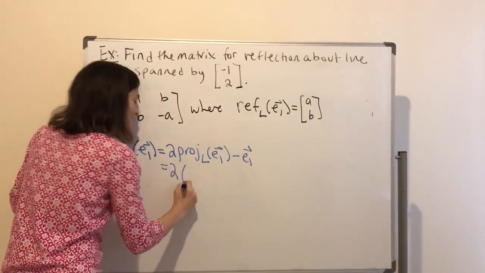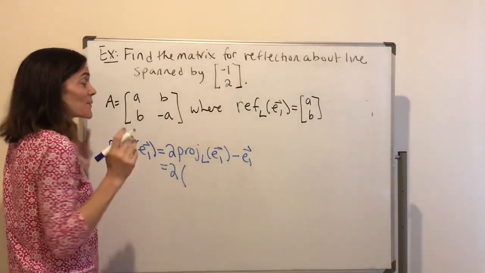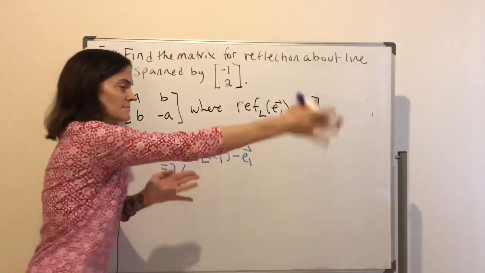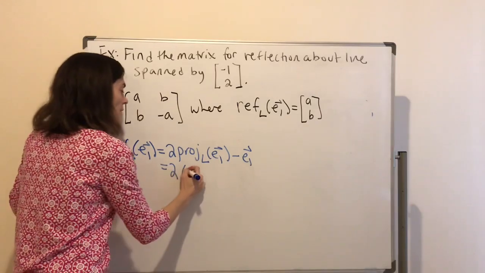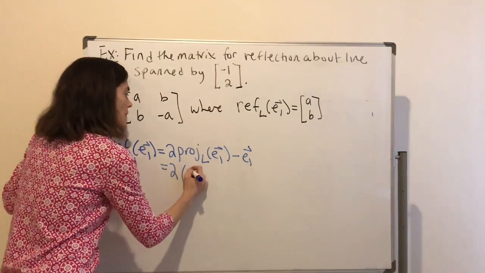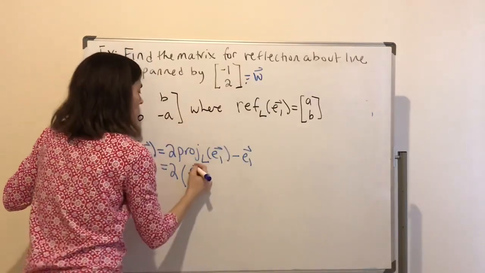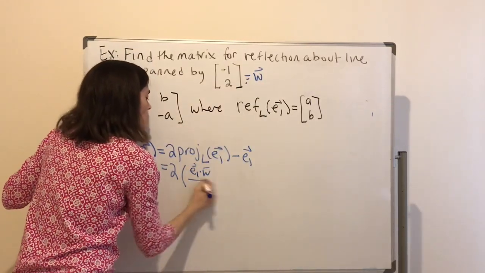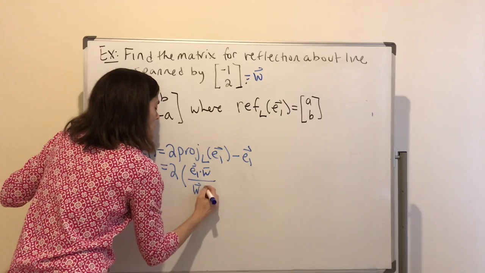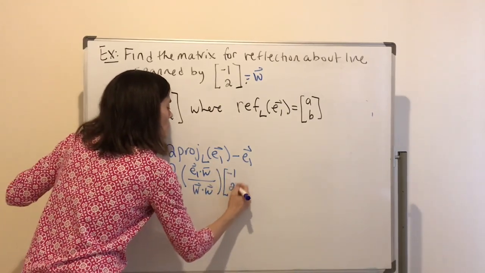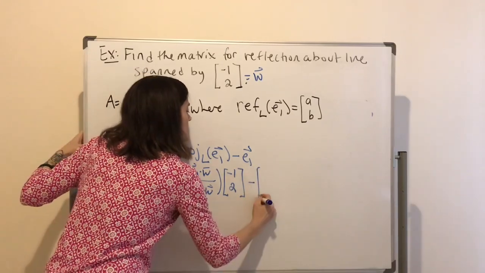This is just like the last example, except we have a different vector that is on our line, so we have a different line. This is E1, and now I call this W: E1 dot W over W dot W times W, minus E1.